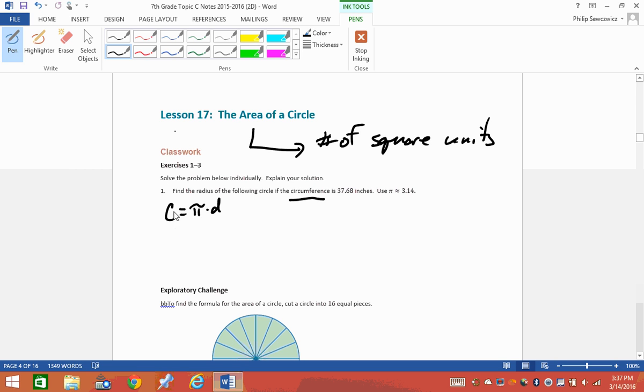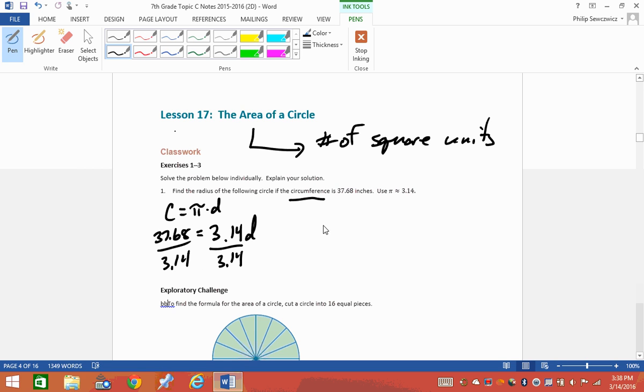The big thing is they've given me this 37 and 6800ths. That is the circumference, so instead of the letter C, you're going to use 37 and 6800ths. This is pi, and here they're telling me to use 3.14. Now, when I multiply it by d, I can solve my one-step equation. This is why we don't want to get into multiplication and guess and check.